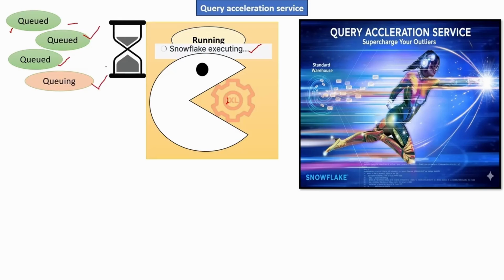Once these queued queries are complete, the additional resources are released. Query acceleration service is a serverless service, and it is based on the scale factor which you include whenever you are running a query. Once the query execution is over, resources are released automatically without any manual intervention.